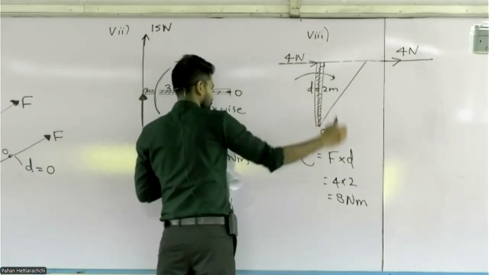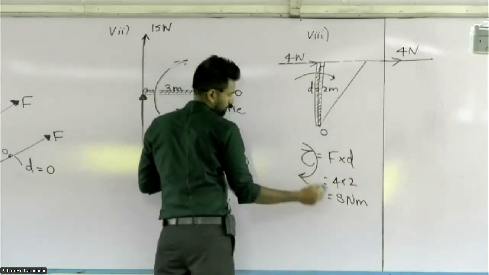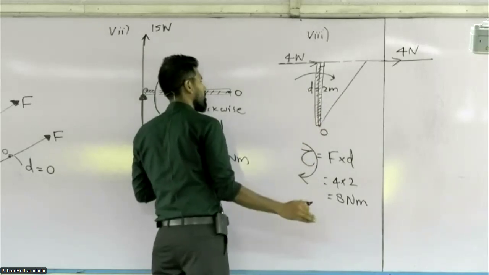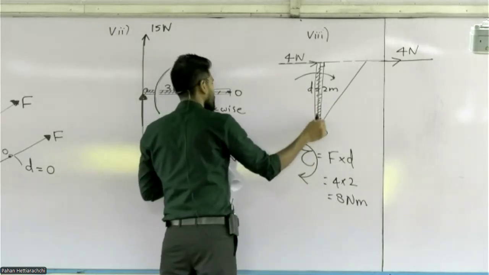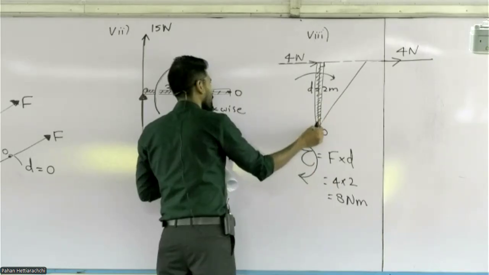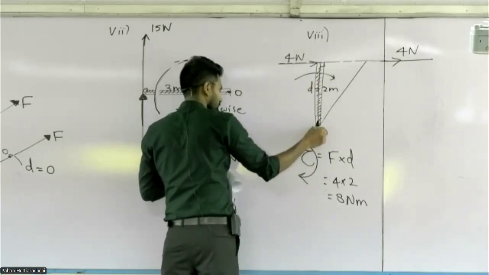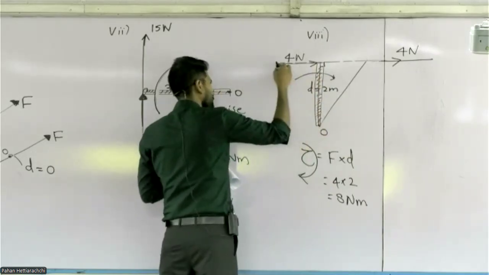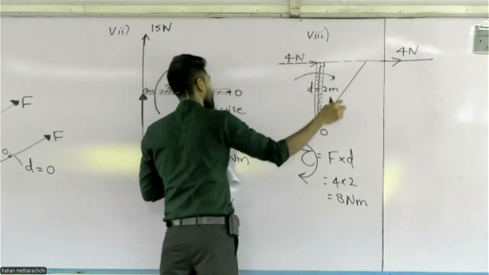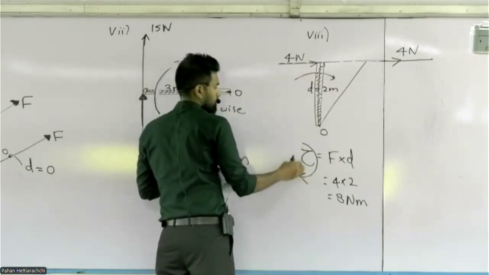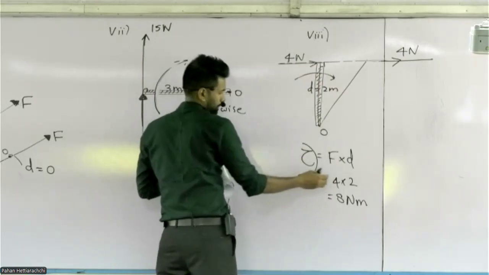It's a clockwise rotation, so this moment is the clockwise one. They will not show that object. They will just give the force and the length. You have to keep that hypothetical object, one end pivoted on O and the other end along the perpendicular, and apply the force given and check the rotation of that hypothetical object. It will provide you the clockwise or anti-clockwise rotation.